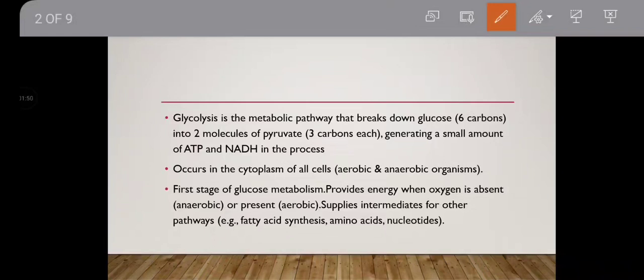It is actually the first stage of what? Glucose metabolism, and provides energy when oxygen is absent or present. It also supplies intermediates for other pathways such as the fatty acid synthesis, amino acids, as well as nucleotides.